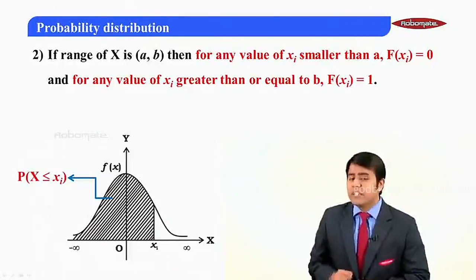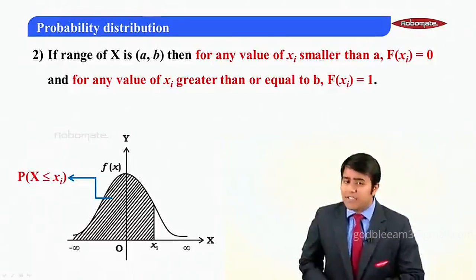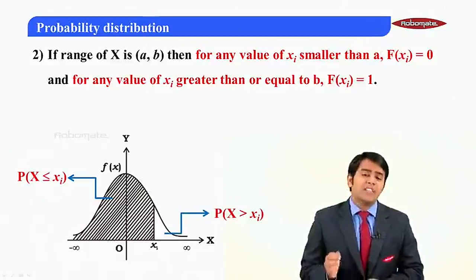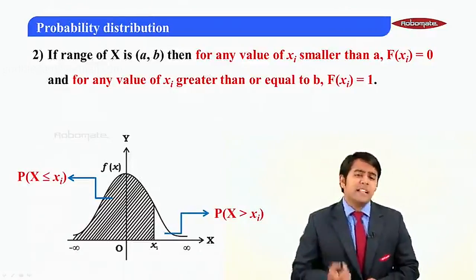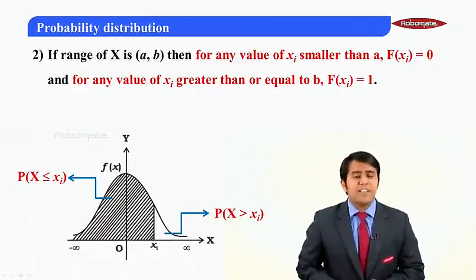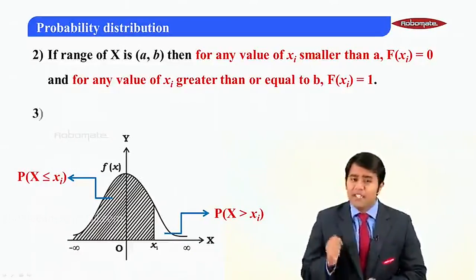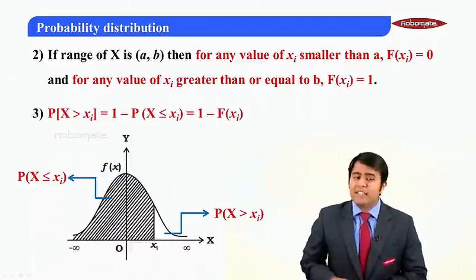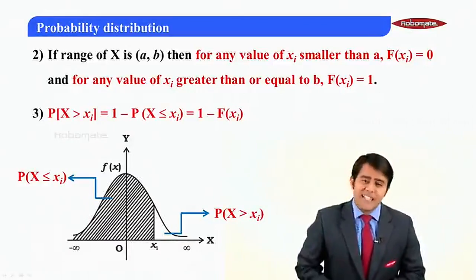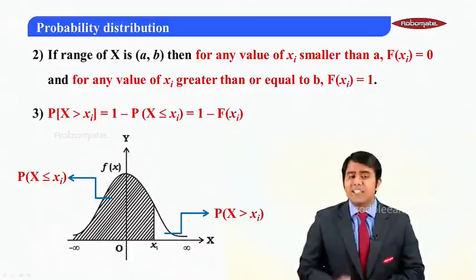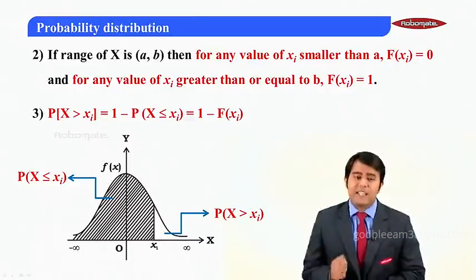This particular region is p of x less than or equal to xi, and this particular blank region is p of x greater than xi. Now we know that if I add these two, the total probability will always be 1. So I can say that p of x greater than xi is equal to 1 minus p of x less than or equal to xi, which is nothing but 1 minus F of xi.